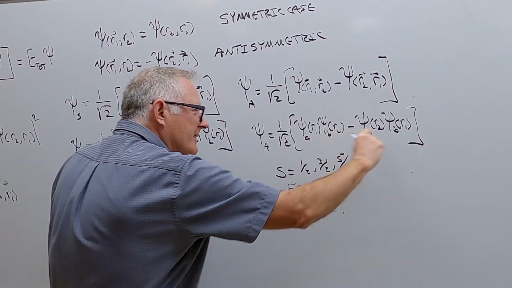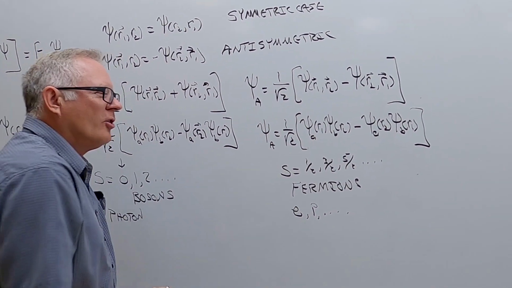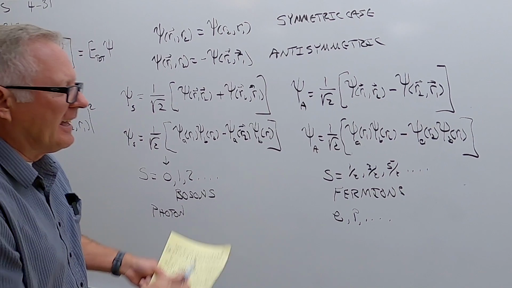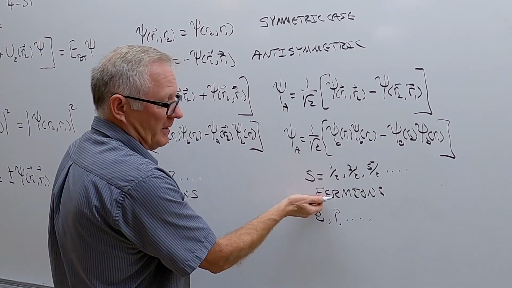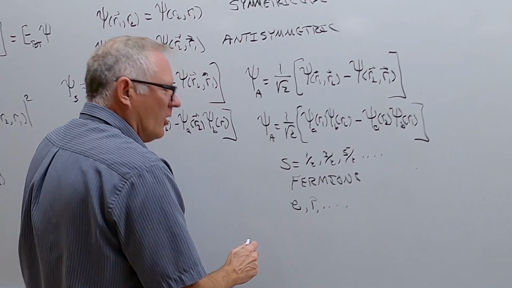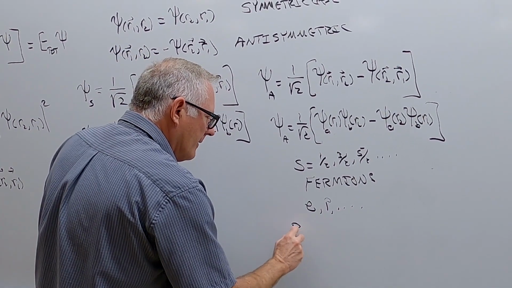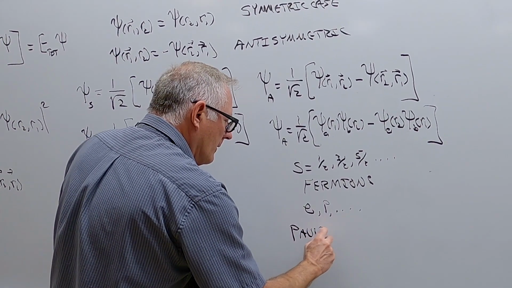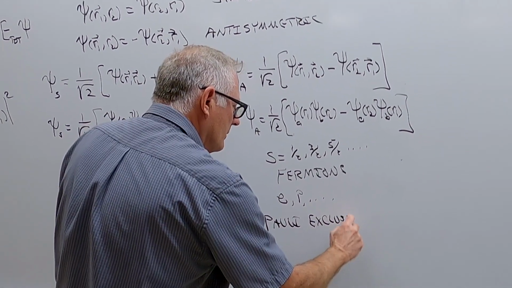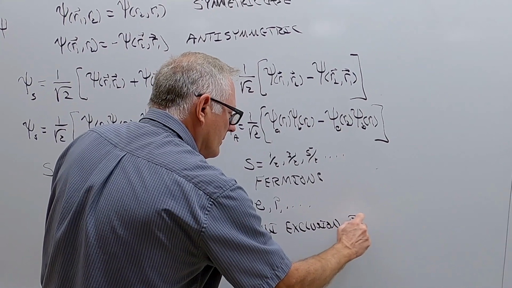So what this is saying is that no two fermions in an atom, which are electrons, can share the same quantum numbers. We call that the Pauli Exclusion Principle.